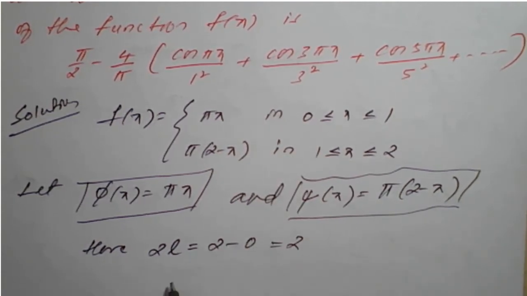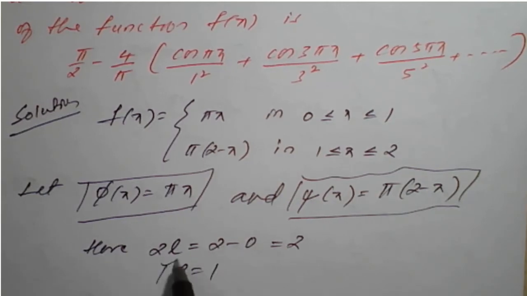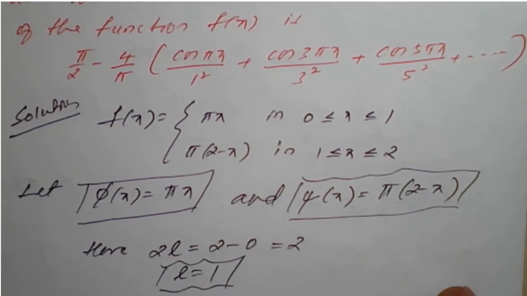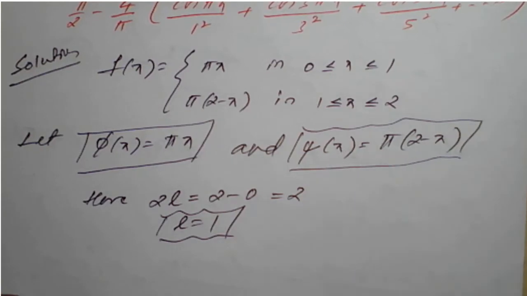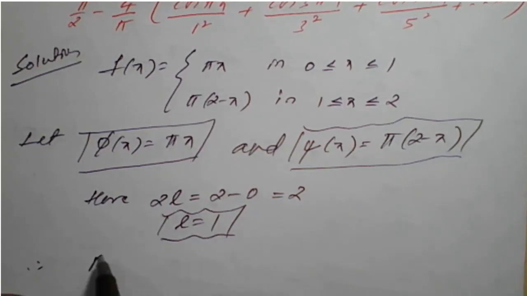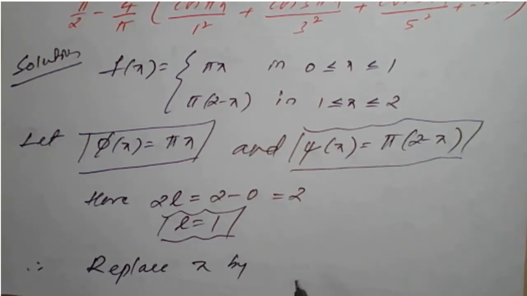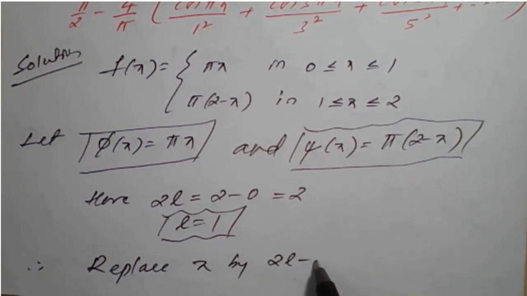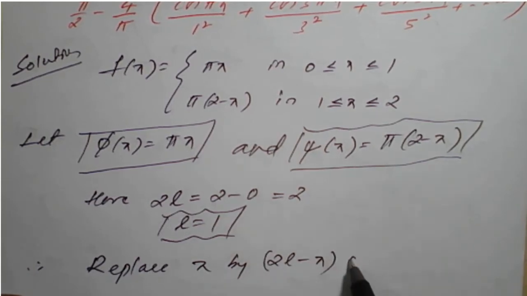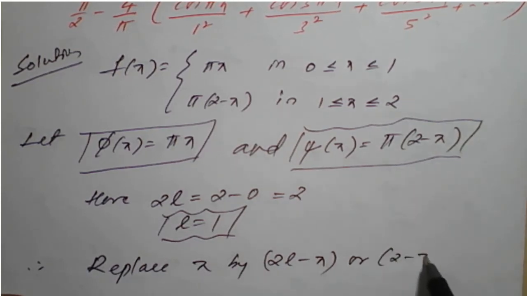So 2 cancels, so L value will be 1. So we got L value will be 1. So therefore replace x by 2L minus x, or instead of 2L minus x I will replace L by 1. So it will be 2 minus x.